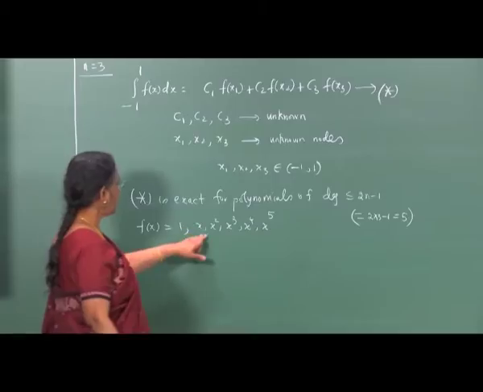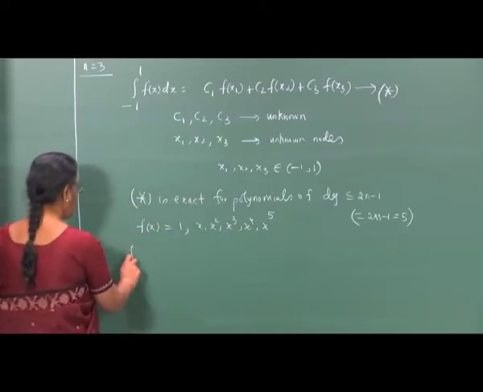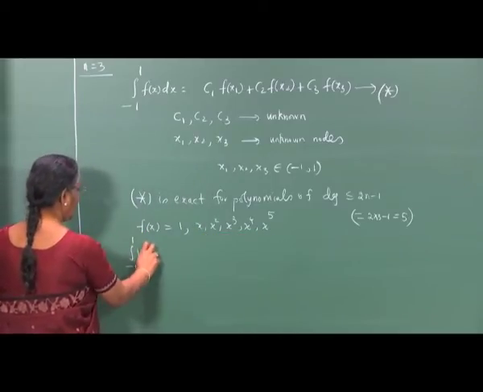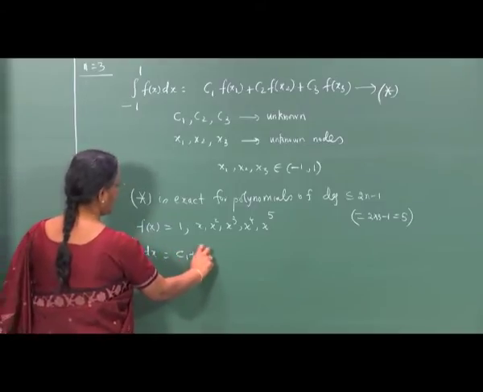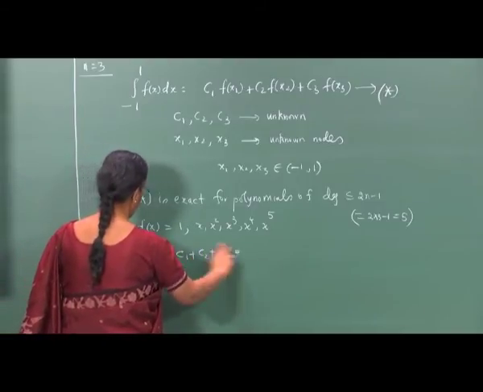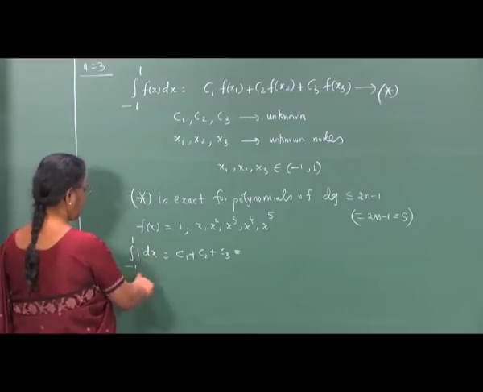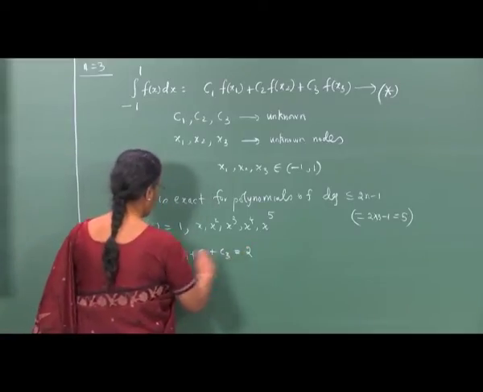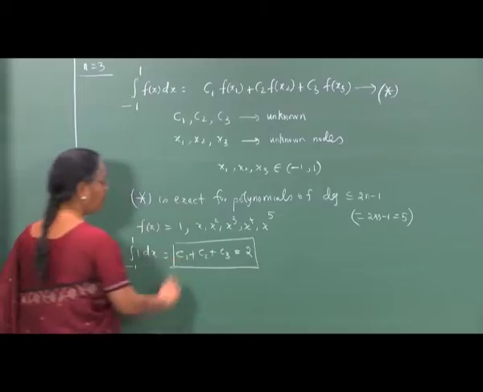So, when you impose these conditions, namely integral minus 1 to 1 dx will give you c1 plus c2 plus c3, and that must be equal to x between minus 1 and 1. So, that will give you this is equal to 2.